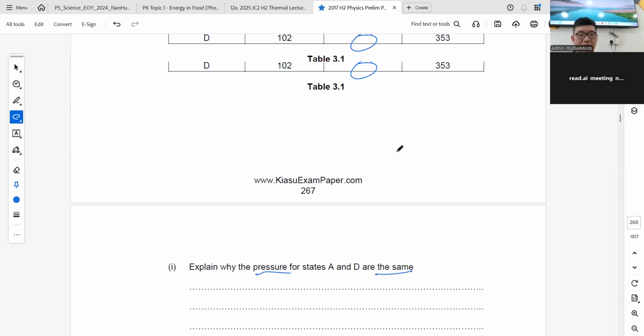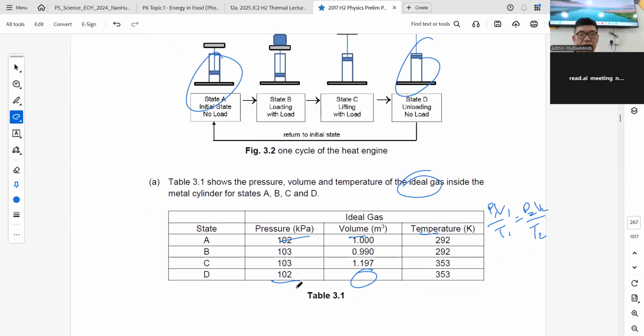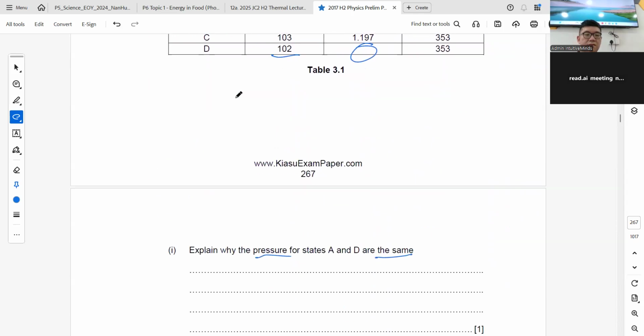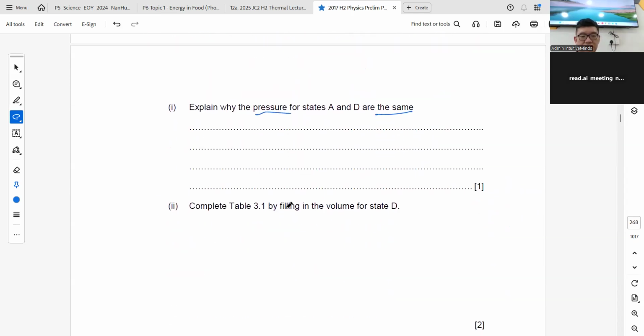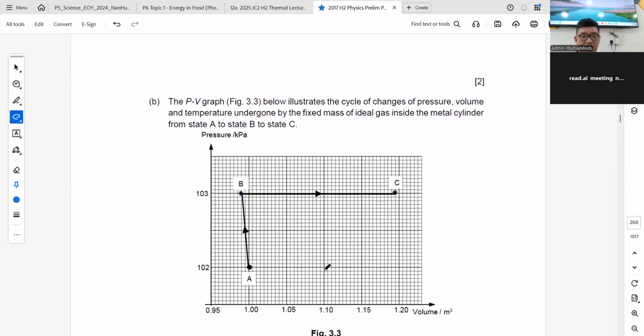Why will the pressures be the same at A and B? No load, mah. Then you only left with atmospheric. Okay? Oh, done for this.